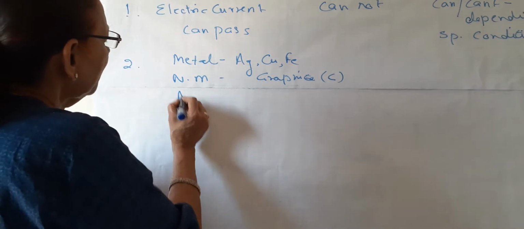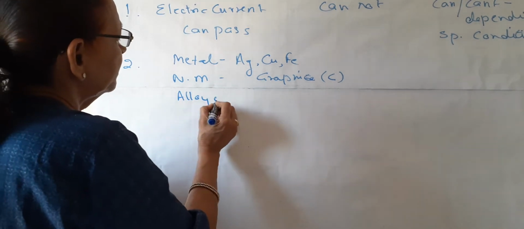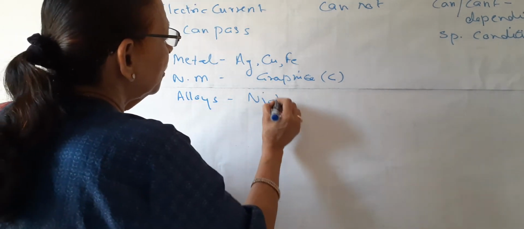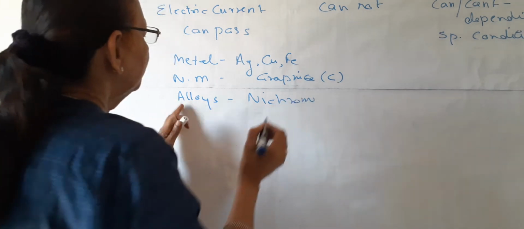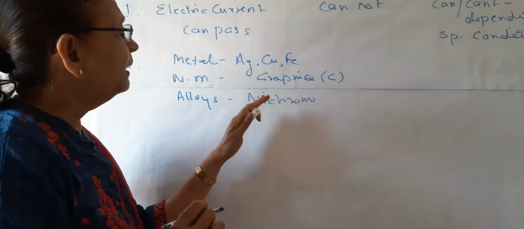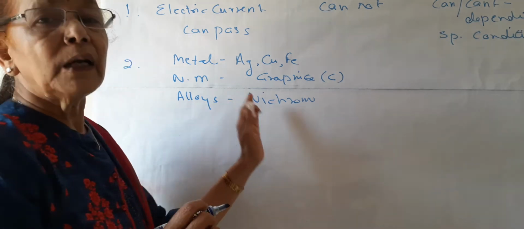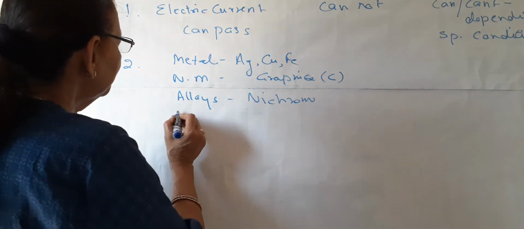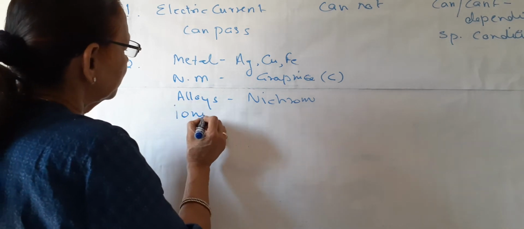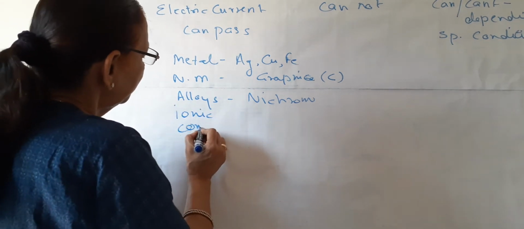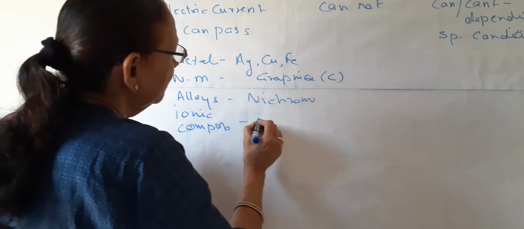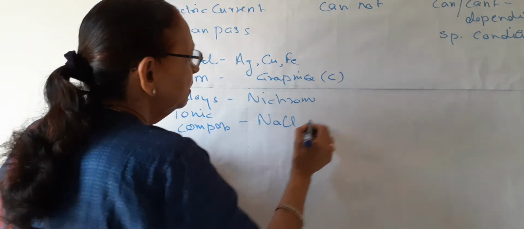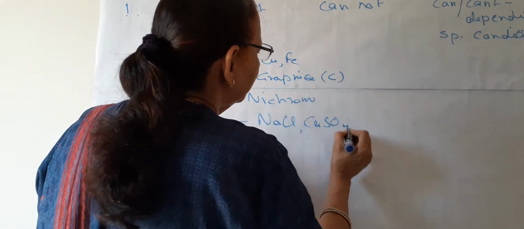Now the third is alloys. Nichrome is the alloy which is formed by nickel and chromium, and it is a good conductor of electricity. Now some ionic compounds also, like sodium chloride or copper sulfate, you can take any.